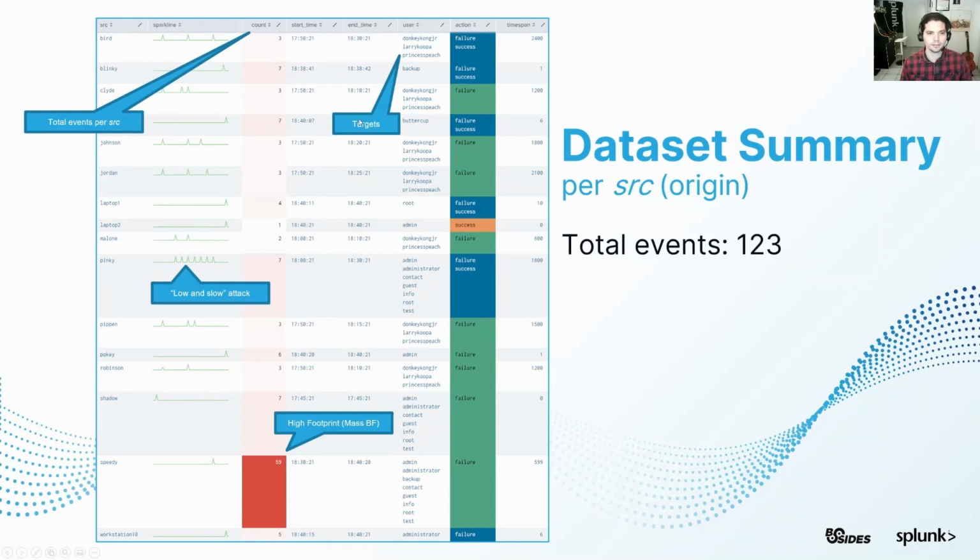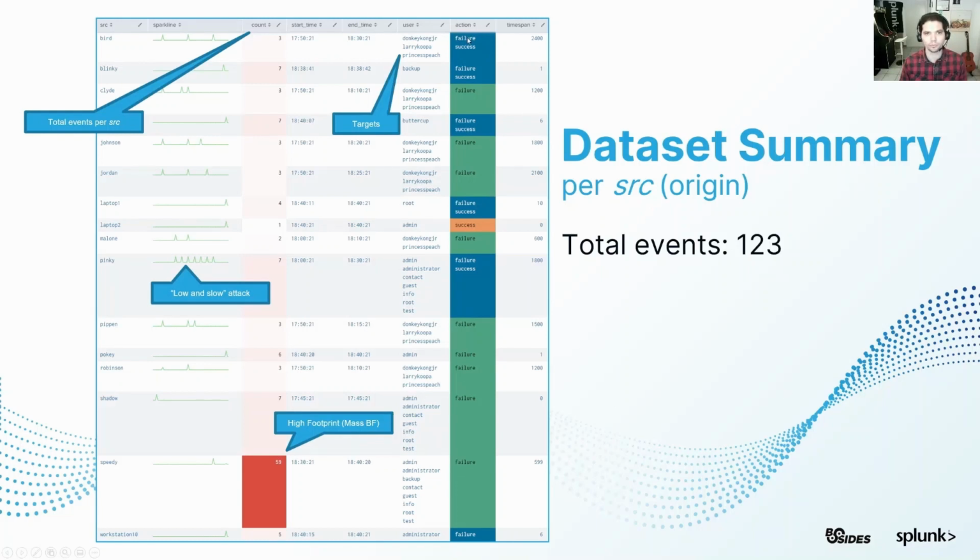You can see an aggregated value with all the targets for each source that is represented in this table. You can see the pattern here of the pinky source performing this low and slow attack, while you can see also this speedy source generating 59 out of those 123 events, so with a higher footprint.